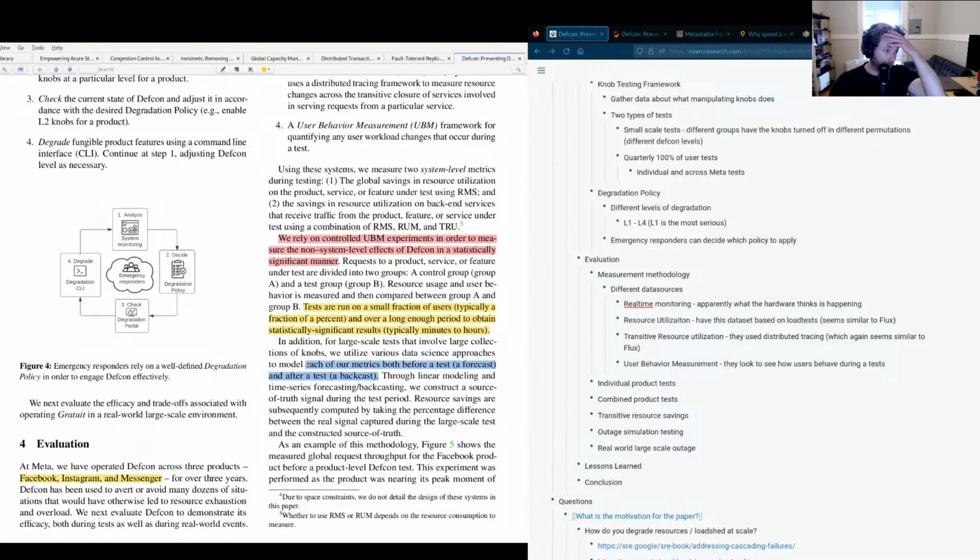Oh, that's cool. So they have a forecast and a backcast.